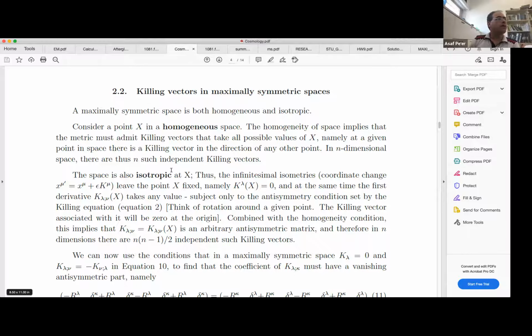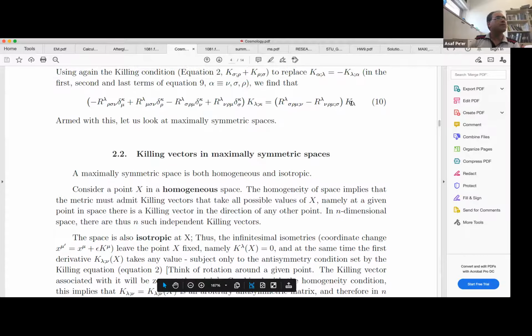So I use this result in the equation which we derived last time, which is equation 10 here. You see that on the left-hand side there is the derivative of k_lambda, and on the right-hand side there is a k_lambda. So I can use this condition with k_lambda being equal to 0, and then the anti-symmetric part of the derivative of k_lambda needs to be 0 as well.